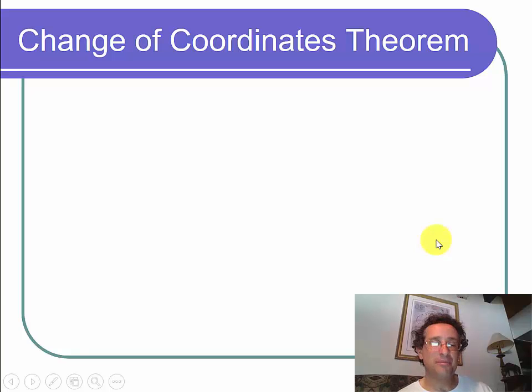So here's the big theorem for two-dimensional space, and that's called the change of coordinates theorem.